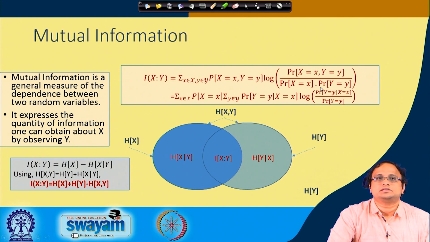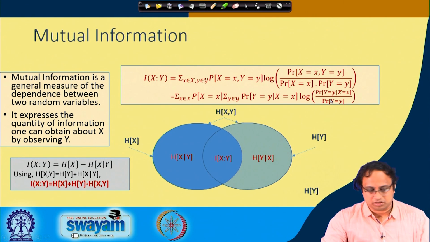And this is nothing but the sigma where you can split the probability of X equal to small x comma Y equal to small y as the probability of Y equal to small y given X equal to small x, multiplied by the probability of X equal to small x.